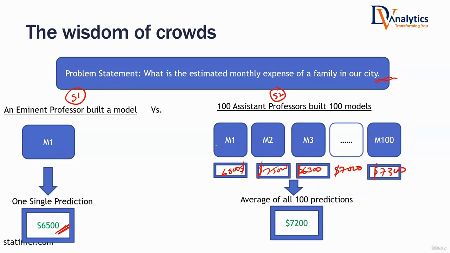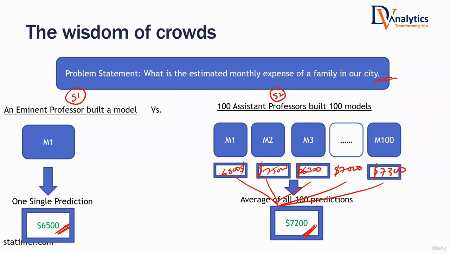These 100 assistant professors built 100 models and came up with 100 predictions, and you take the average of all these 100 model predictions. The average comes to $7,200. The single model predicted $6,500. The average of 100 models is $7,200. If I ask you to pick one of these two, which one has a higher chance to be near the accurate prediction?